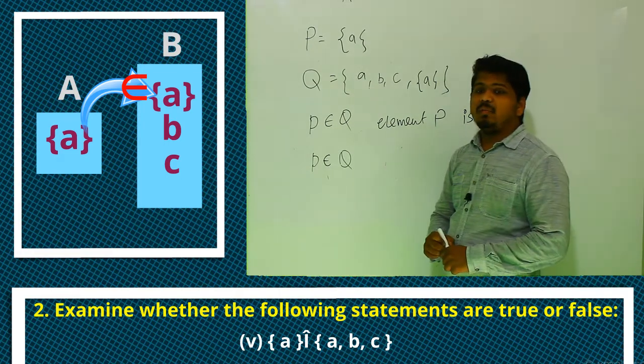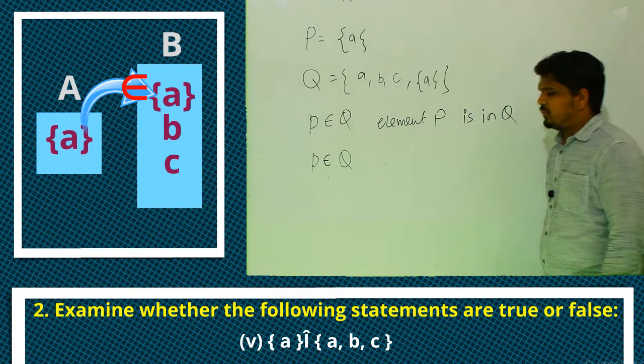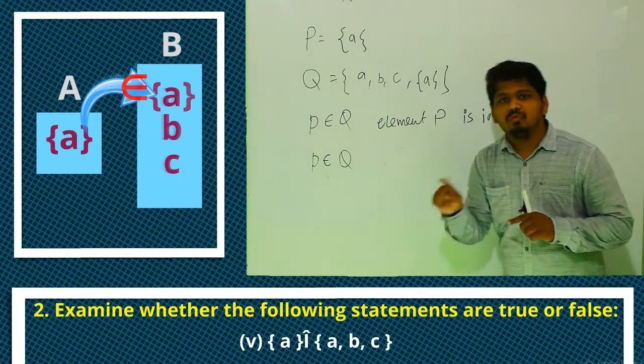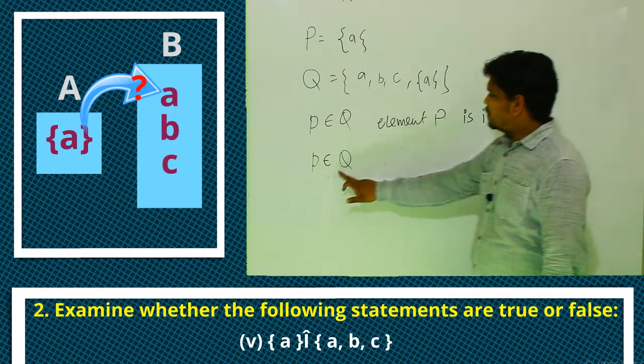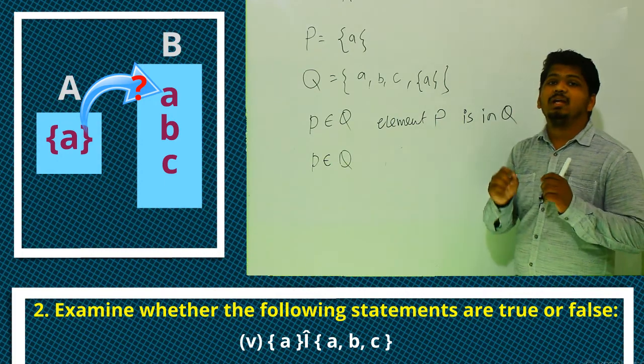Have you got the definition of whether singleton A is in P or not? This is the definition of subset. This is the main difference between belongs to and subset. If you are saying belongs to, then you need to check the element of that set.